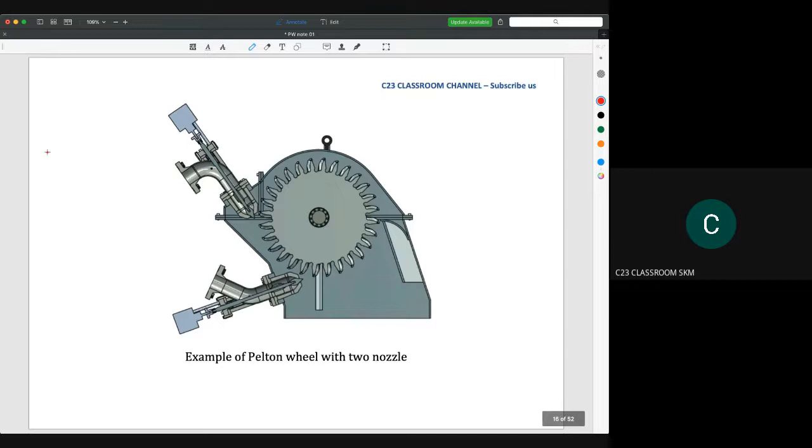So this is the example of a Pelton wheel with two nozzles. The idea is simple. If we hit this one, the water will come out there, and then flow down like this. So it does not hit the second jet. This is the second jet, and the water will flow down like this.